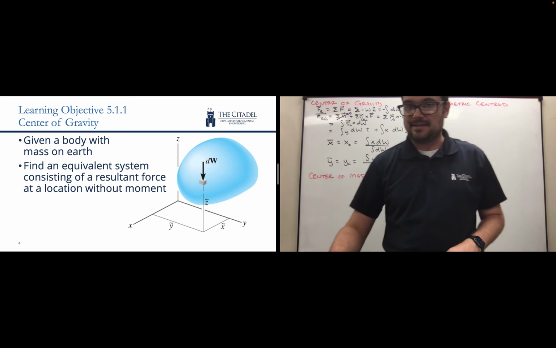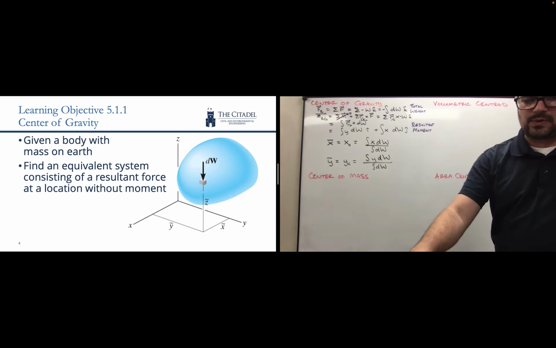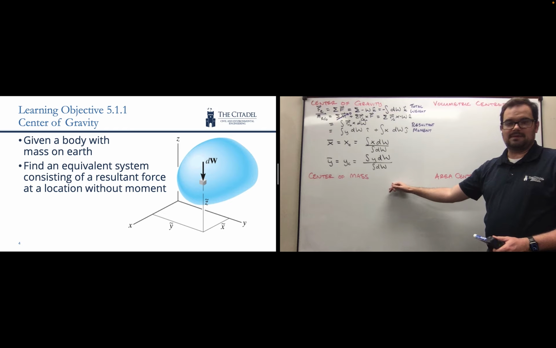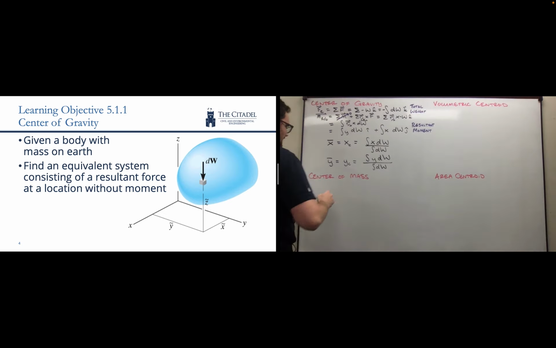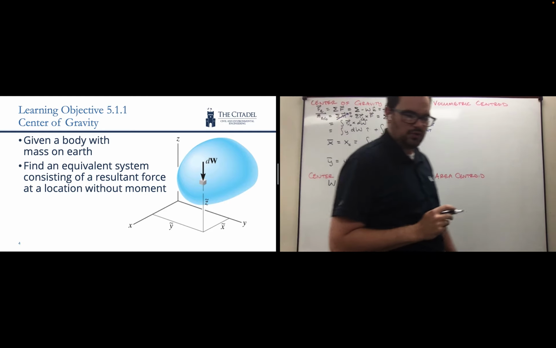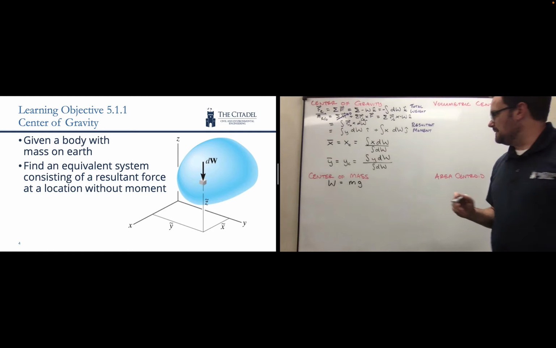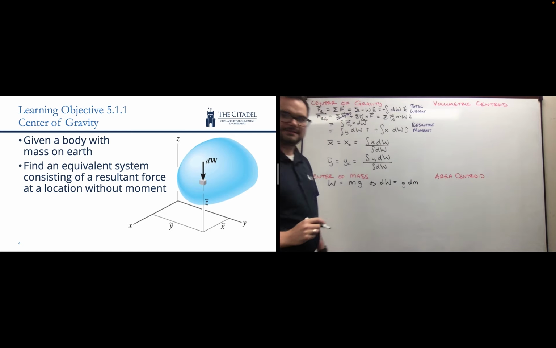Now, that gives us the center of gravity. The next question would be, what about the center of mass? If we recall, the way that we calculate weight up here, weight is just equal to the mass times the acceleration due to gravity, which means that our differential weight that we're integrating by is equal to gravity times the differential mass.